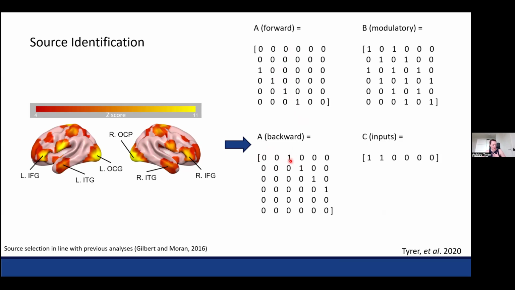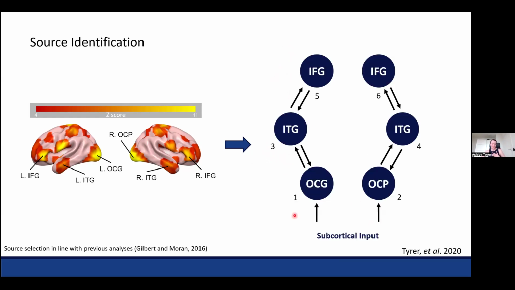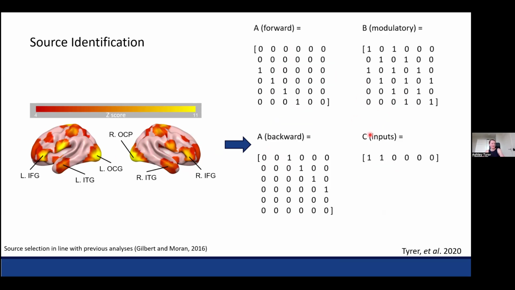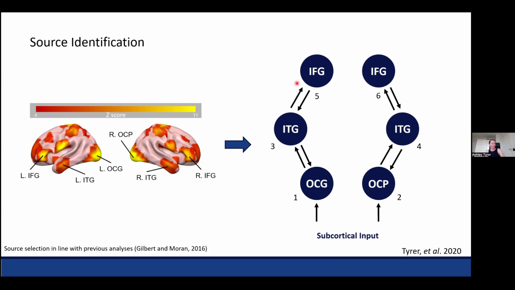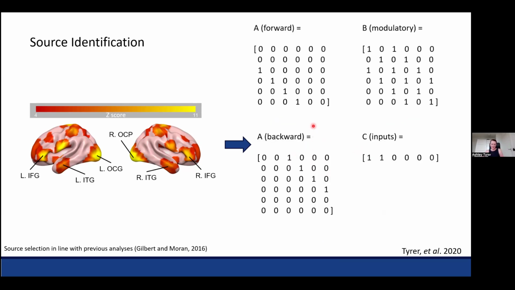So this is a backward connection from the left inferior temporal gyrus to the left occipital pole. It is confusing the first time that you do this. This is why I always like to draw it out as a graph like this and then number the sources in this way, because trying to go from this sort of thing straight into the matrices is an absolute nightmare. So draw it out, number your sources, and then transfer it to matrices like this. These are the A matrices, and I'm defining those connections there.